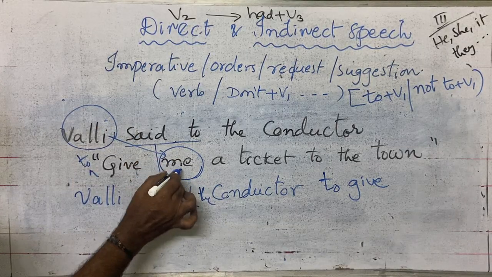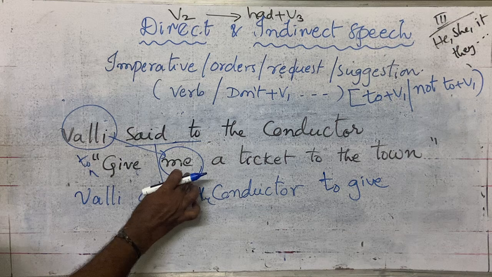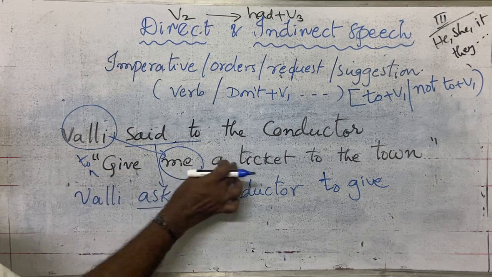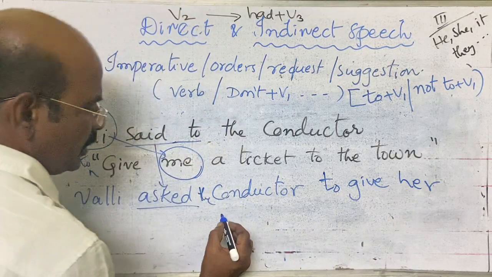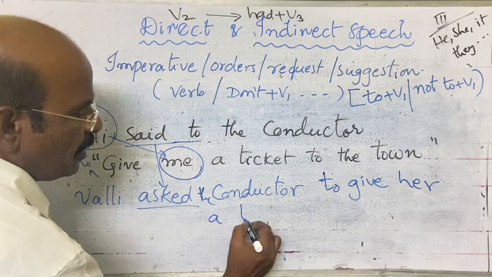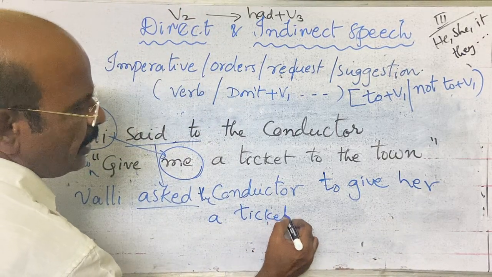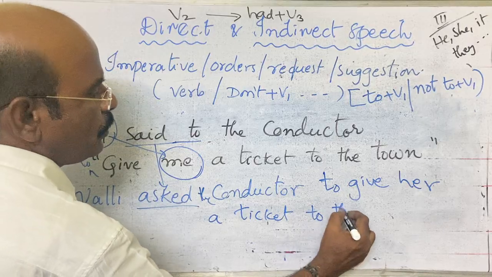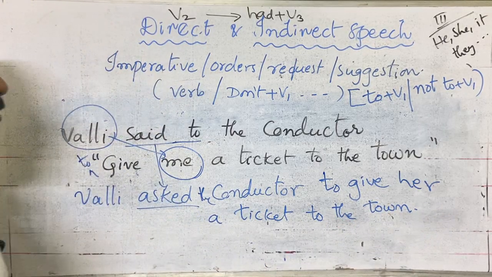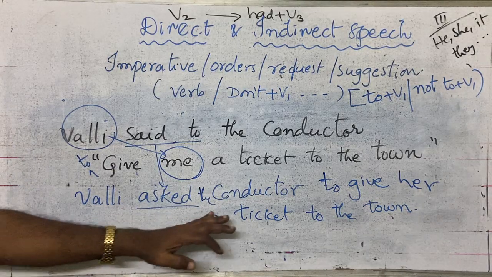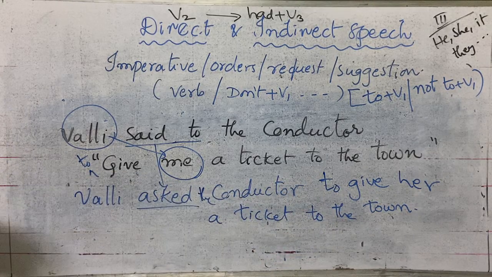So she. So you can't say give her a ticket, to give her a ticket to the town. It is third person, so it's going to be like this. Only asked the conductor to give her a ticket to the town. So like this we are taking.